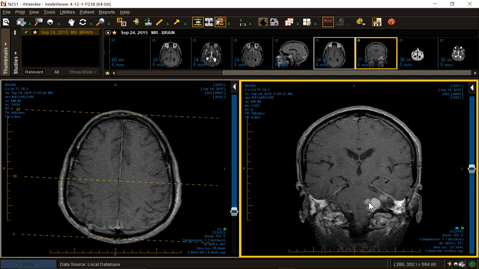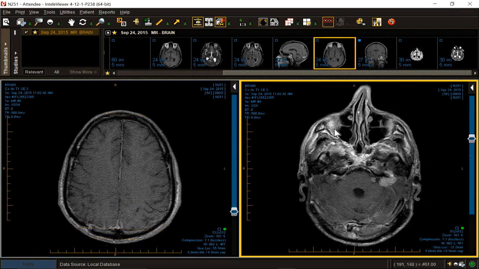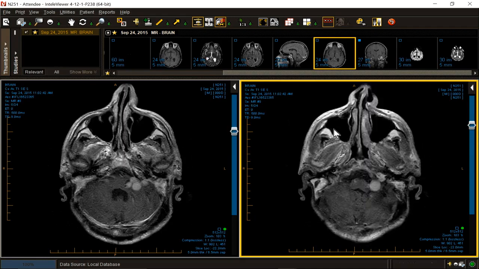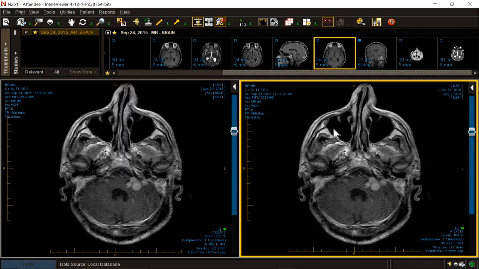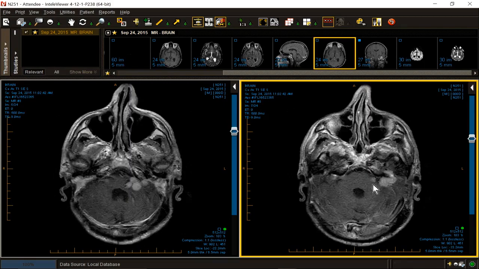He's got schwannomas coming out of nerves 9, 10, and 11 on the left side, and smaller ones on the right side. These are left-sided schwannomas, not meningiomas, coming from 9, 10, and 11. And yes, they are all interconnected.